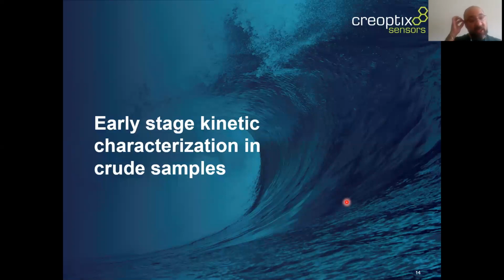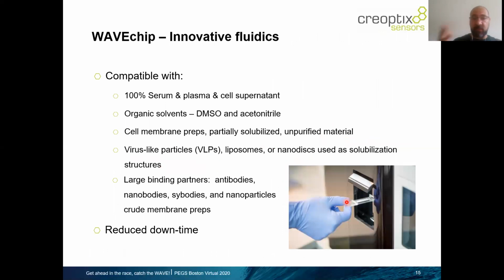So for early stage kinetic characterization in crude samples, I would like to start by presenting that it's compatible. Our innovative fluidics allows you to do any type of sample, like cell supernatant, 100% plasma or serum. You can use any type of solvent, particularly harsh organic solvents like acetonitrile.